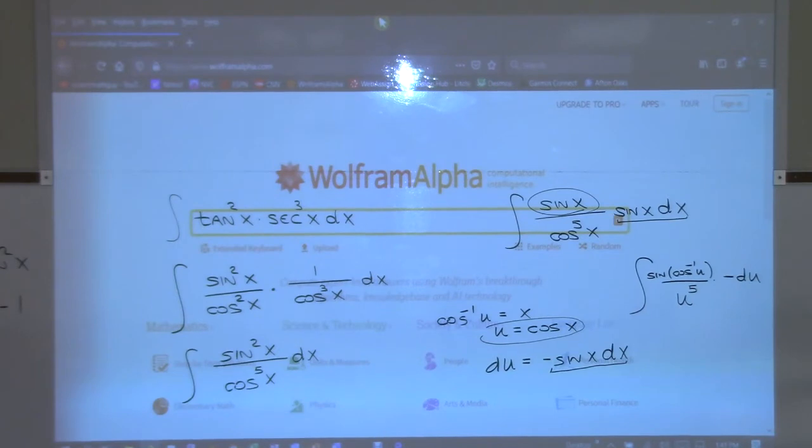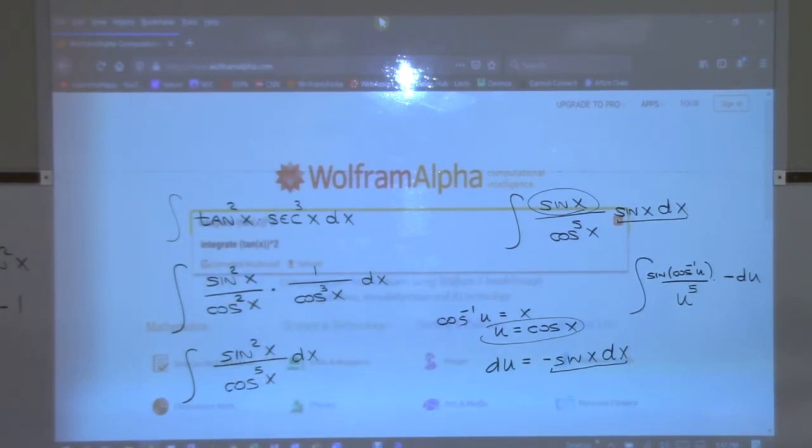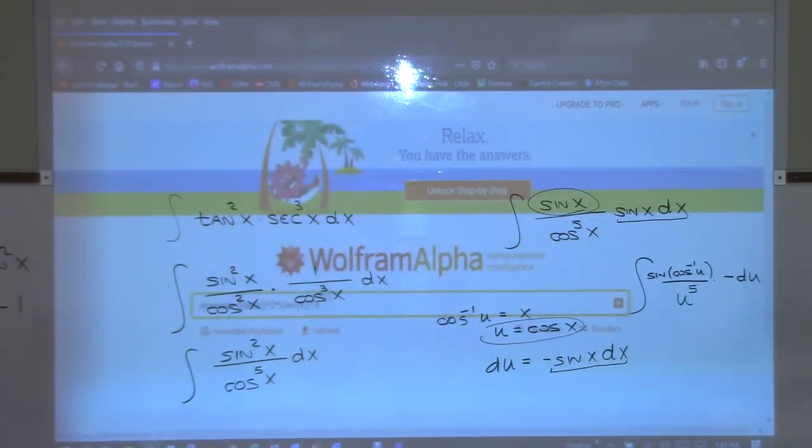So we want to integrate tan x squared times secant cubed x. It should be smart enough to understand what I'm saying.